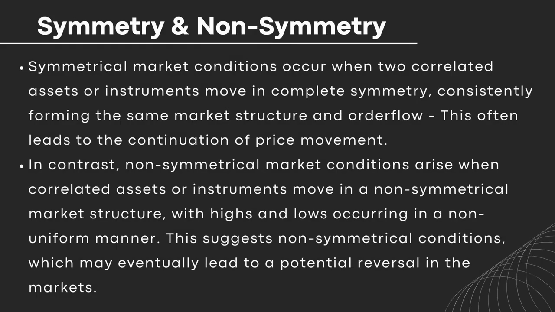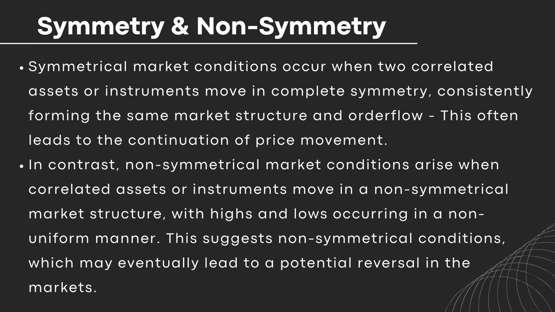Moving on, in this slide, we're going to discuss what symmetrical and non-symmetrical market condition means, how it works, and how we can use its core concept in our analysis to gain conviction. So, symmetry is basically defined as proportionate and balanced similarity found in two correlated or similar objects or structures, right?